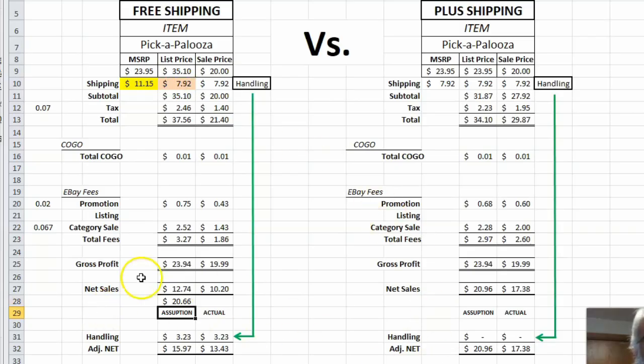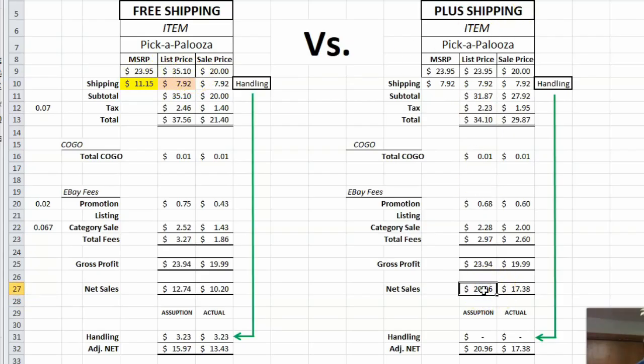So we're not too far off in that sense, but it's not exact, because it would actually be this over here if you were actually doing it that way, because you would be listing it at $23.95 plus shipping.